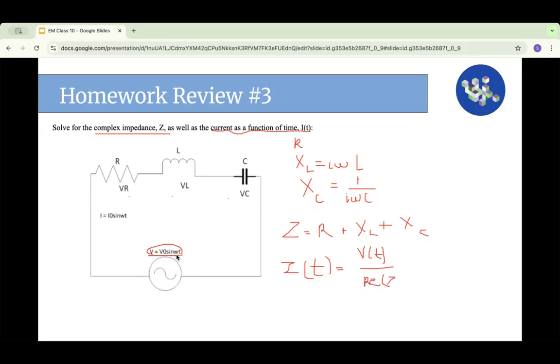Because remember, this impedance that we found here, this is a complex impedance. So we have to take the real part. And you can do this to get your I of t. You can plug in this for V of t and you can solve. Are there any questions about that?